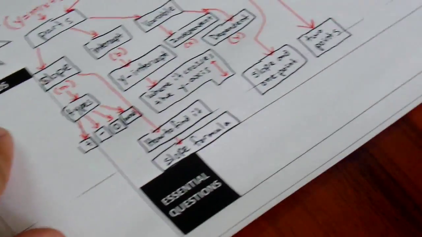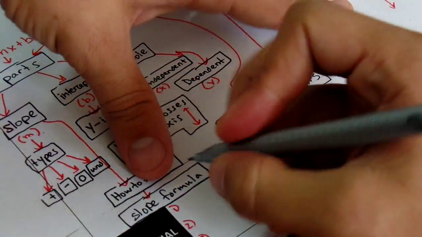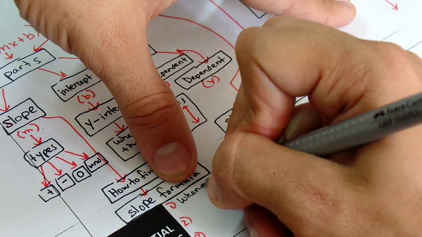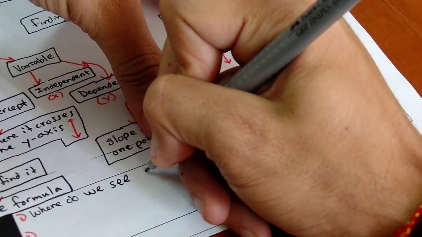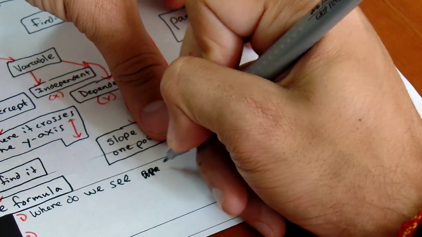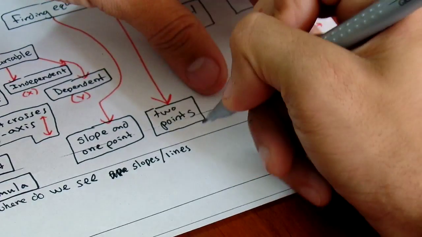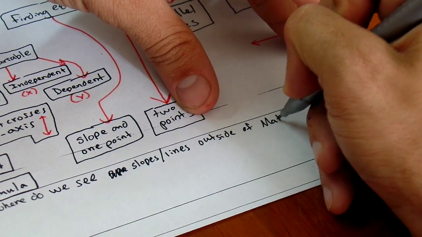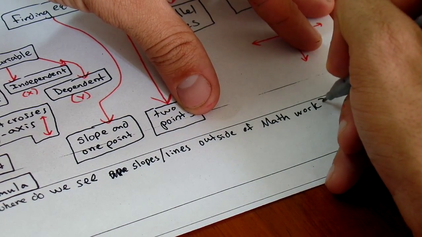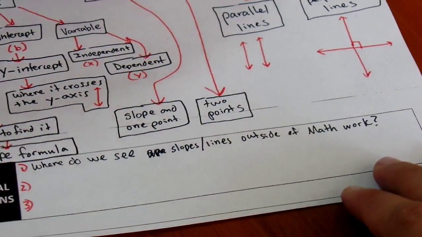Now, central questions, we're going to look at 3 big questions that you can think about throughout the unit. 1, where do we see slopes or lines outside of math work? So does this exist in our non-math world? And if it does, where?